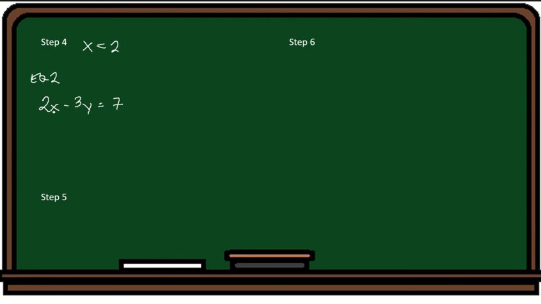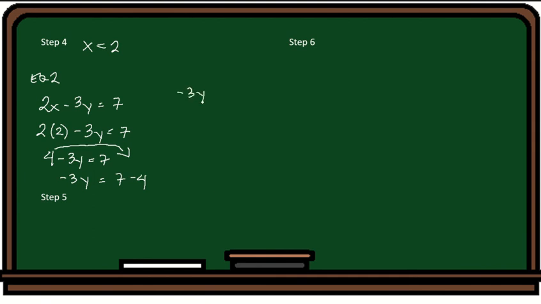We have now the value of x, which is 2. So 2 times 2 minus 3y equals 7. 2 times 2, we have 4 minus 3y equals 7. We cannot subtract 4 sa 3, so we will transpose 4. So you will have now negative 3y is equal to 7 minus 4.